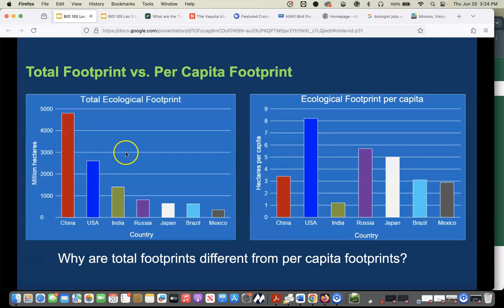However, when you look at that ecological footprint per person, it's much higher in the US. So our per capita footprint is higher because of affluence here. We can't just look at the total ecological footprint per country, but we also need to break it down and look at the ecological footprint per capita. That is a big difference that we see here.